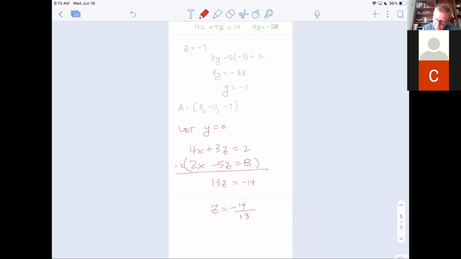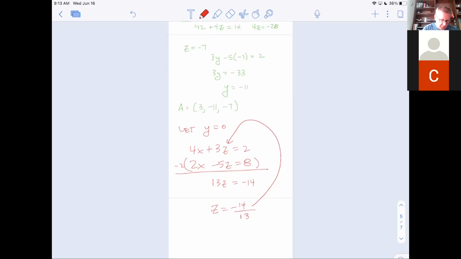So now I'll just throw z back into this mess right here. So I'll take 2 and subtract 3 times -14/13. 2 plus 3 times 14/13, then divide by 4.